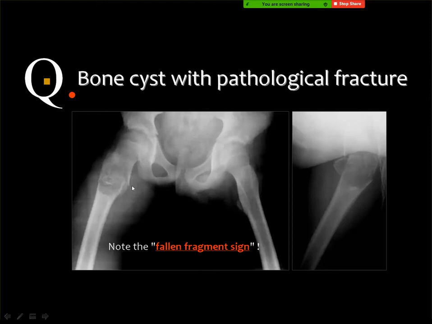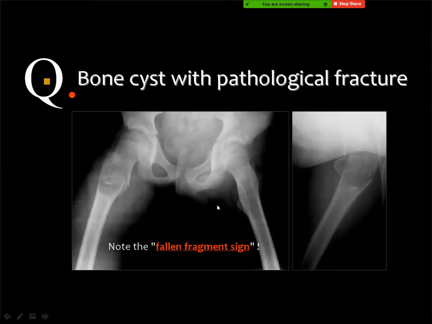And then the simple bone cyst may be liable for fracture. And in such a fracture, the bone fragment falls down within the cyst to the bottom, and this is known as the fallen fragment sign, which indicates that this cyst is a unilocular cyst. It does not contain any septation, so the fracture fragment can easily fall down into the bottom of the cyst.